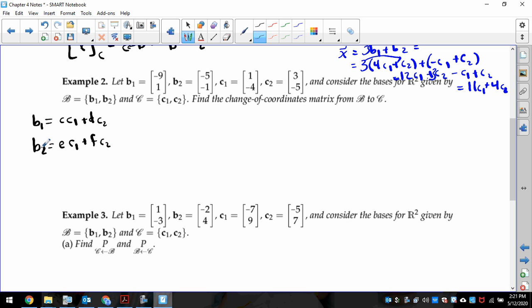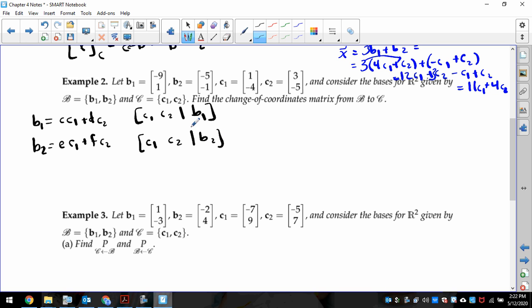Well, now the row operations that we're going to have to do for each one of these are going to be identical. So I would have to row reduce a matrix C1, C2, and B1 to find the C coordinates for B1, and then I'd have to row reduce the exact same matrix to find the C coordinates for B2.